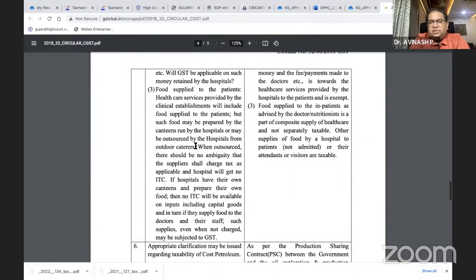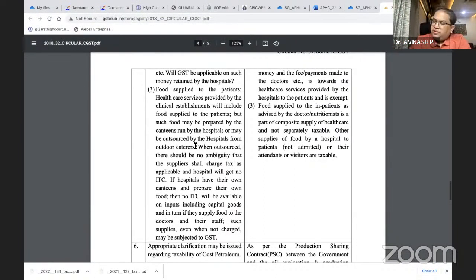When outsourced, there should be no ambiguity that the suppliers shall charge tax as applicable and the hospital will get no ITC. If hospitals have their own canteens and prepare their own food, then no ITC will be available on inputs, including capital goods. And in turn, if they supply food to the doctors and their staff, such supplies, even when not charged, may be subjected to GST.